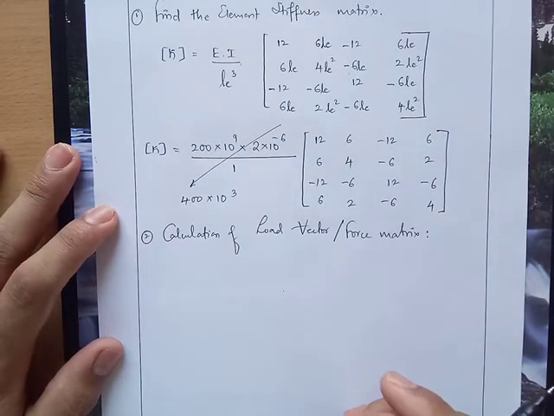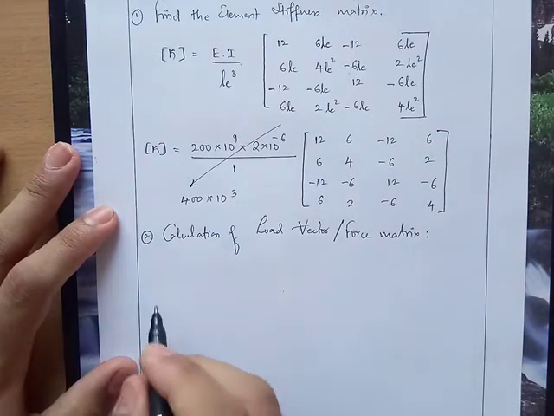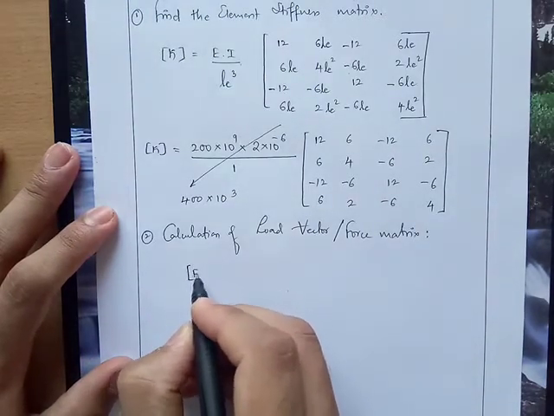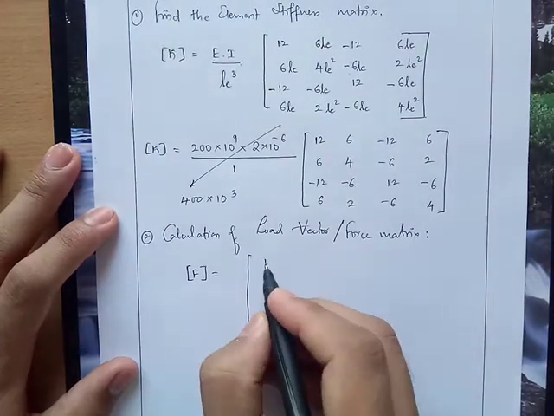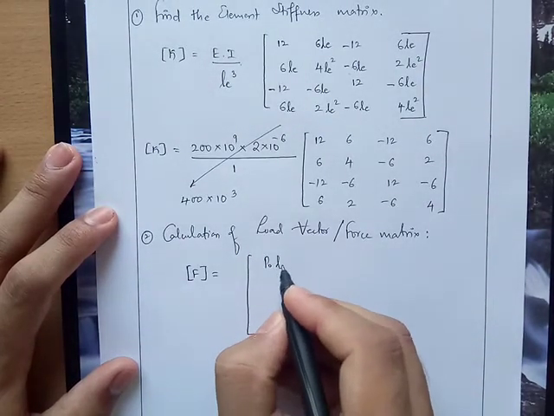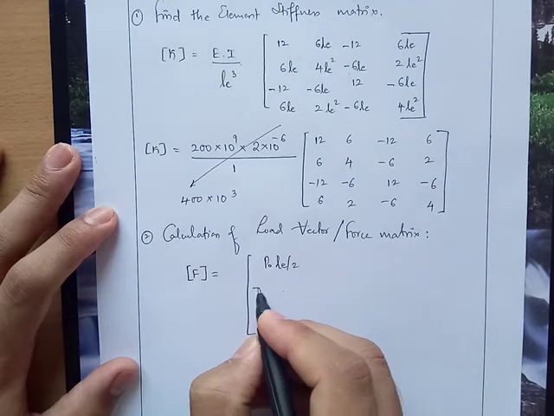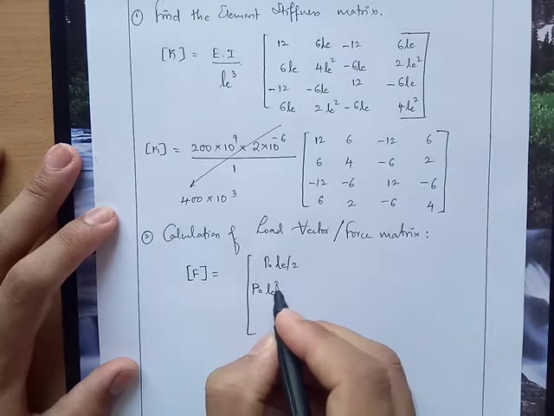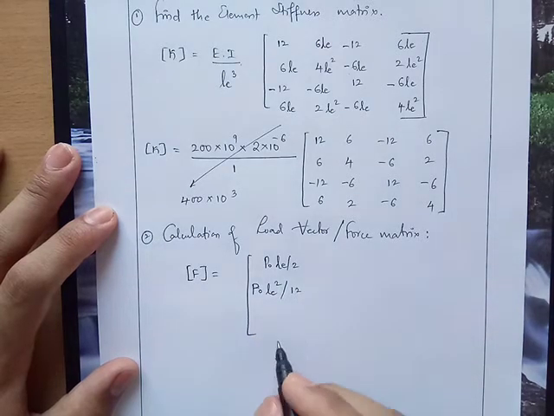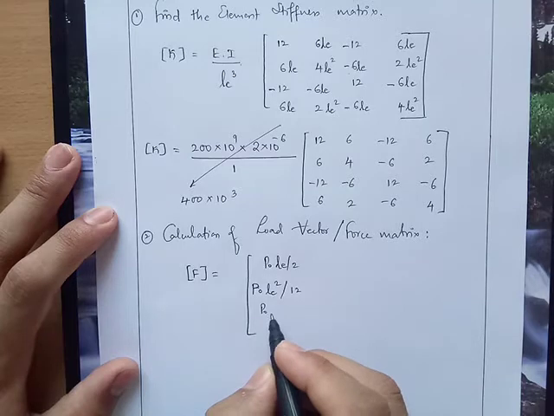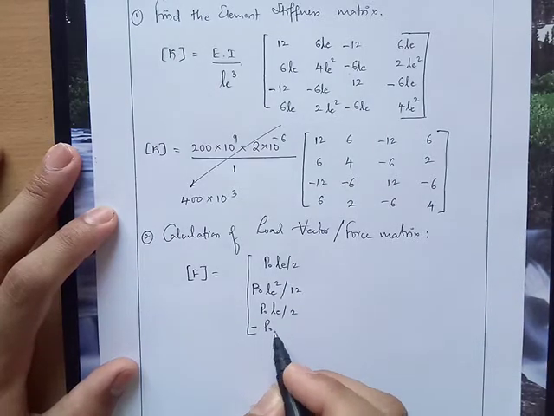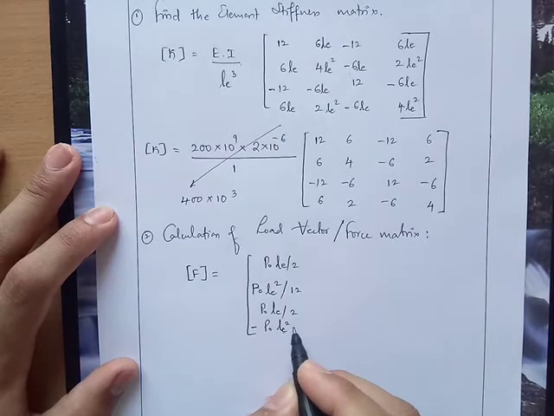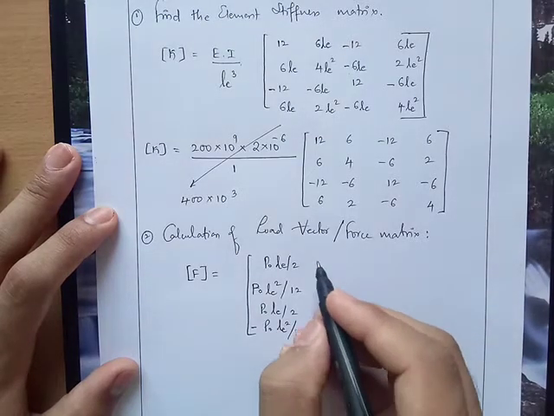Since it is a UDL, uniformly distributed load, the force matrix for a uniformly distributed load is given by P naught LE by 2, P naught LE square divided by 12, P naught LE by 2, minus P naught LE square divided by 12.